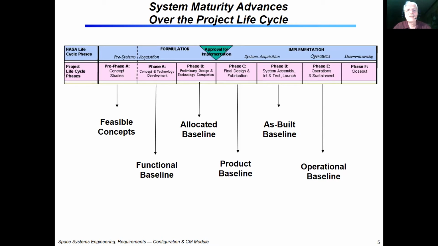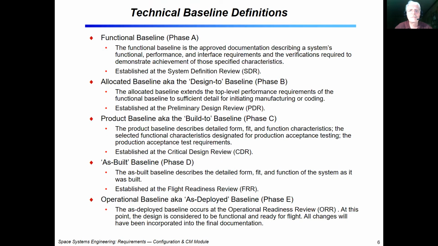So a pre-phase A is where you develop your sort of concept baseline. And then that leads into phase A, which gets you a functional baseline, et cetera, et cetera. So throughout all these phases, there is a different kind of baseline that gets developed and documented on that.